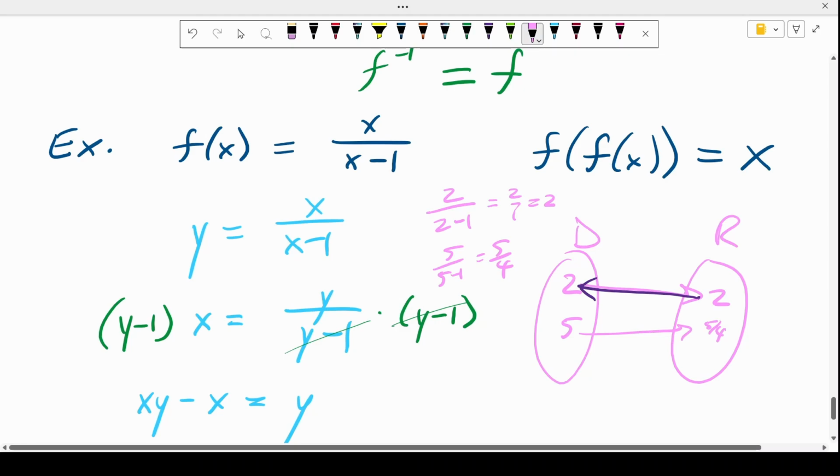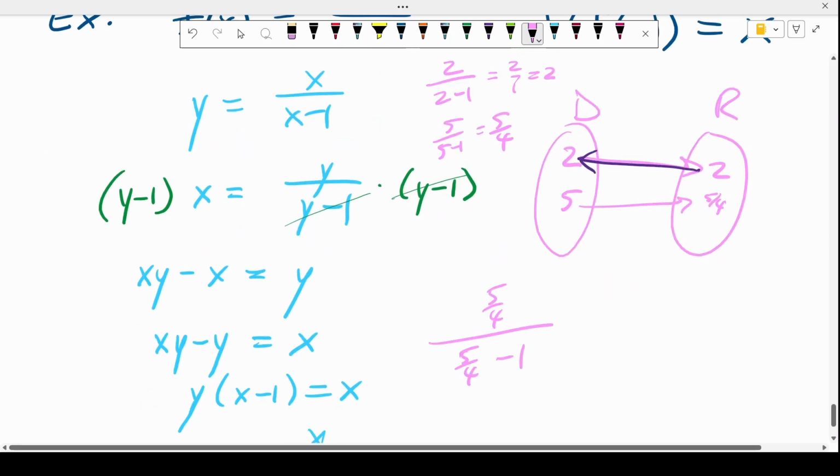That's 5 quarters over 5 quarters minus 1. That's 5 quarters over 5 quarters minus 4 quarters.